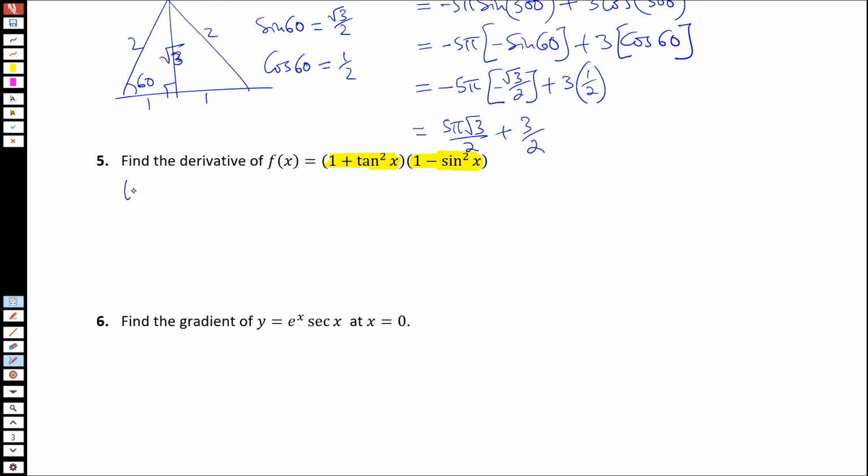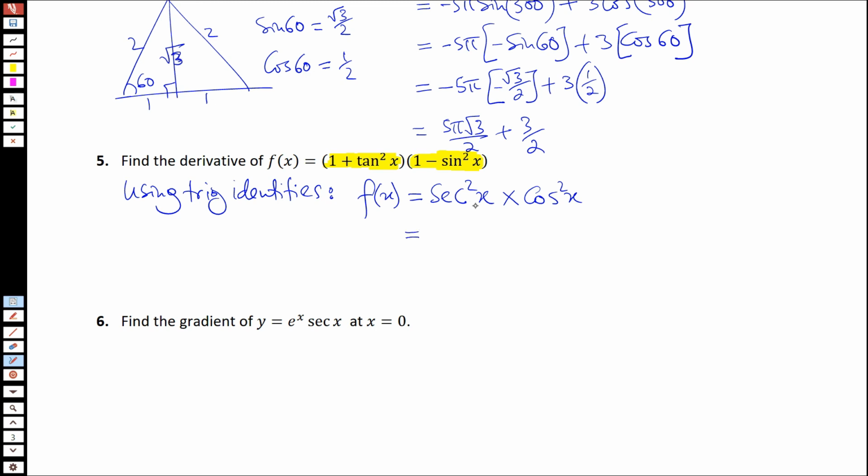So using trig identities, we shall have f of x being equal to, the first bracket is same as secant of x squared, and then the second bracket is same as cosine of x squared.